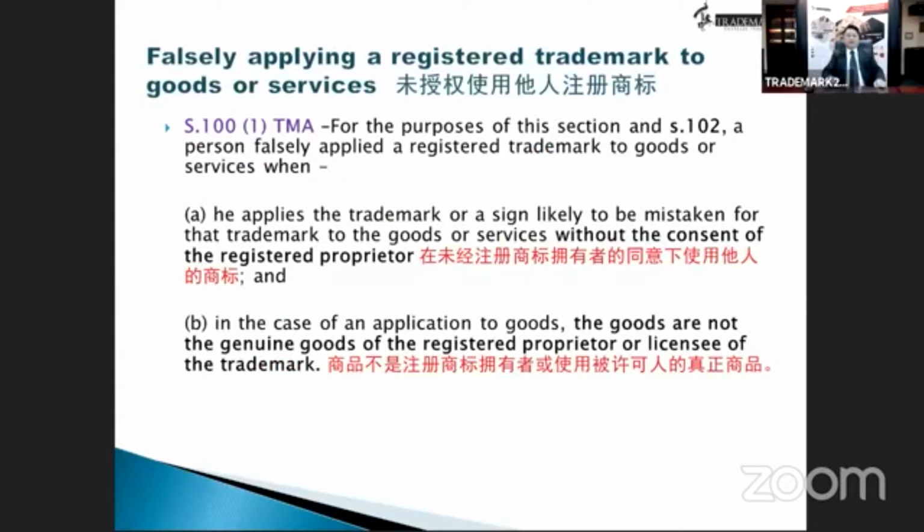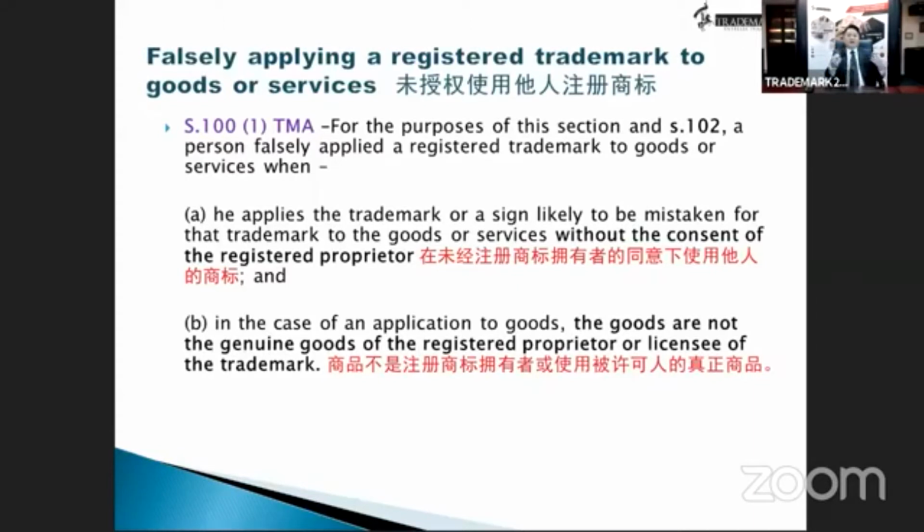Section 100, falsely applying a registered trademark to goods or services. Now, if you use other people's trademarks without their permission, although you are not counterfeiting the products, but you just apply it and put it on your own products, you will be fined as well.